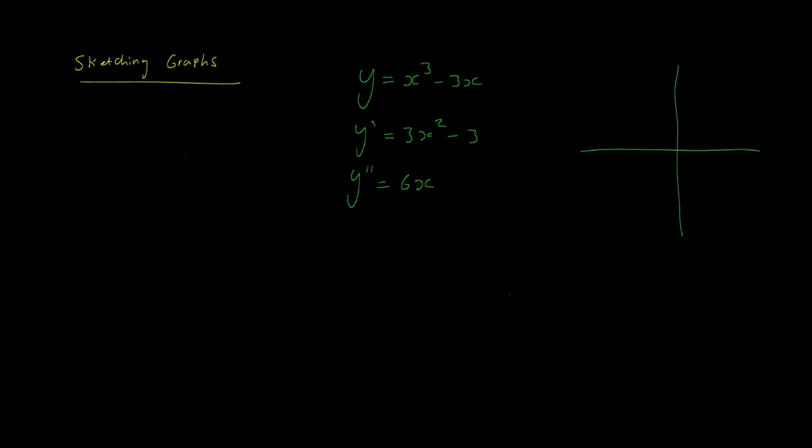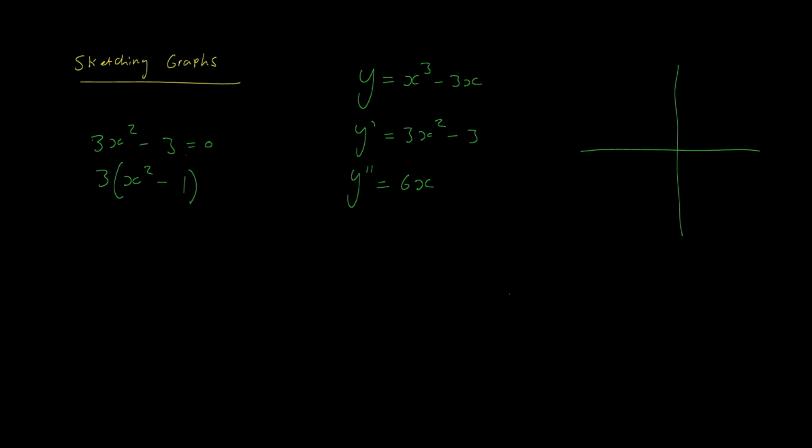Okay, so let's set the first derivative equal to 0 and see what values we come up with. So that's going to be 3x squared minus 3 equals 0. Now, we want to factorize this polynomial, and the easiest thing to do is pull out a factor of 3. So we'll have 3 times x squared minus 1.